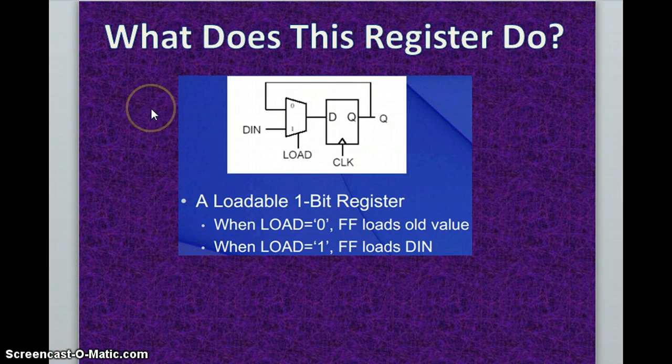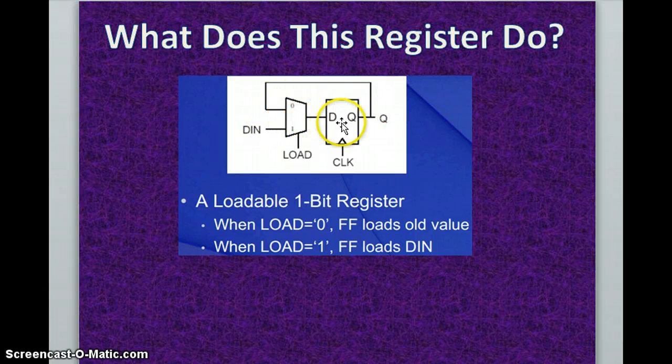Now let's look at this register. This register is a loadable 1-bit register in that it has an input, the D. It has a load switch that says, do I want to load the old value, or do I want to load in the new value? If load is 0, then it's going to take that Q, which is the old value, and it will say, okay, that is the old value.